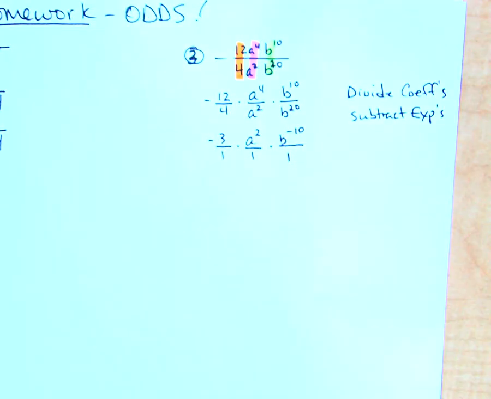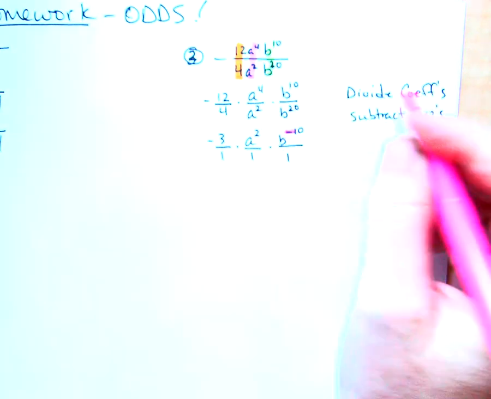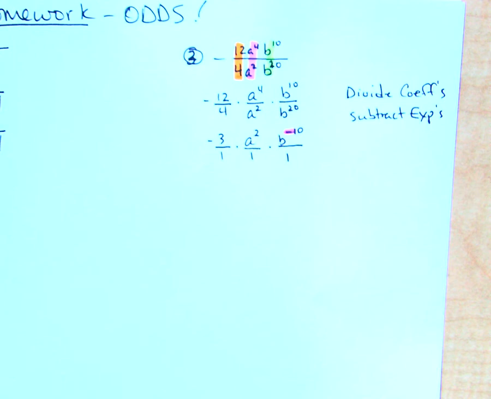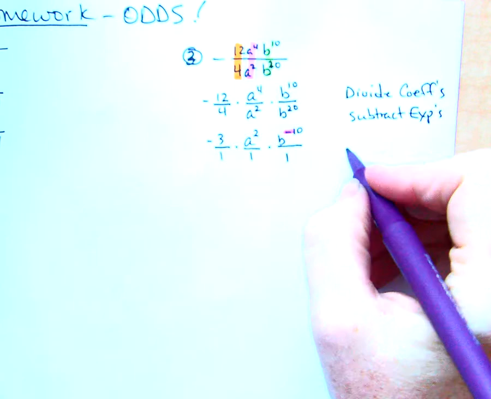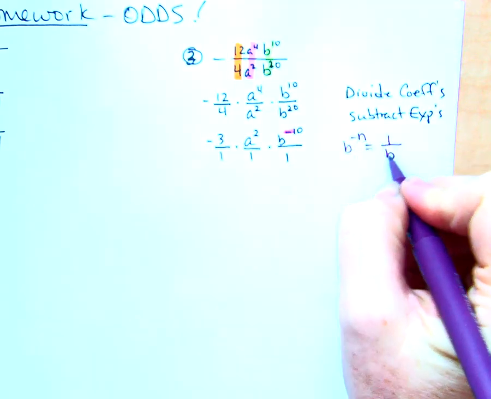Again, I'm leaving these all as fractions because I really want you to see what's happening here. When there is a negative exponent, I've got that exponent rule that says b to the negative n is actually 1 over b to the n.